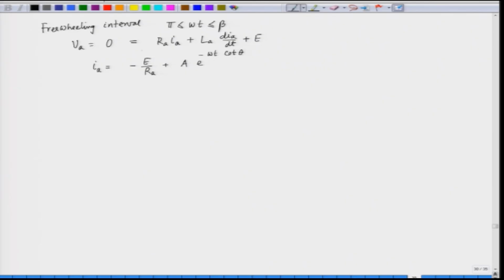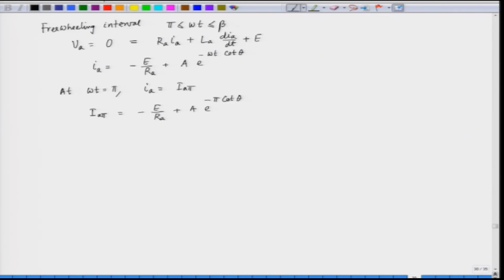So, this is the solution of the differential equation, and we can substitute the initial value at omega t equal to pi, I_A is equal to I_A(pi). So, I_A(pi) is equal to minus E by R_A plus A exponential of minus pi cot theta.